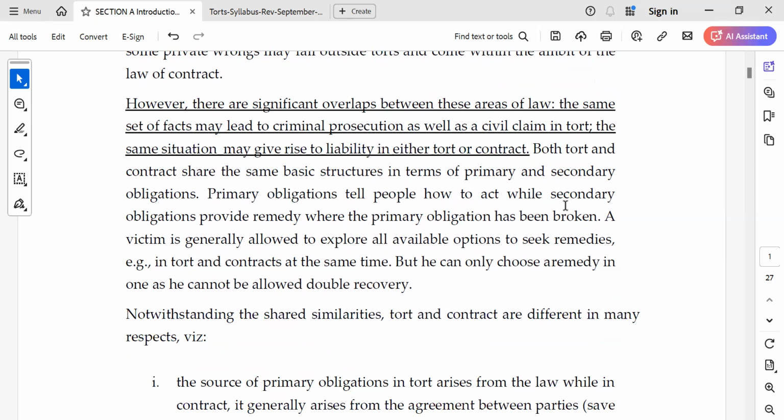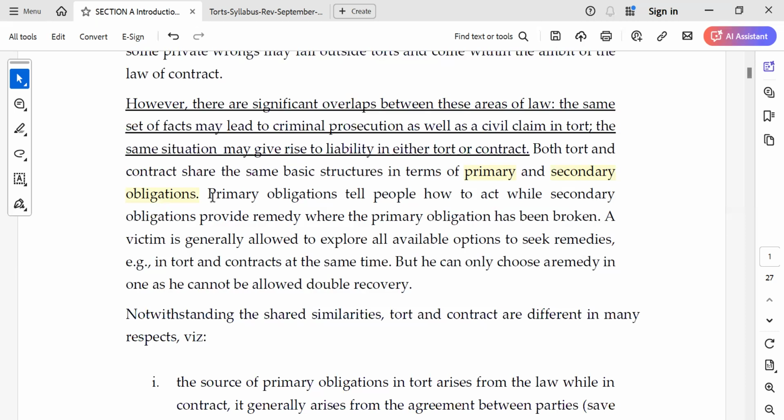Now both tort and contract share the same basic structures in terms of primary and secondary obligations. There are these two words that we are seeing: primary obligation and secondary obligation. What are these? Primary obligations tell people how to act, while secondary obligations provide remedy where the primary obligation has been broken.